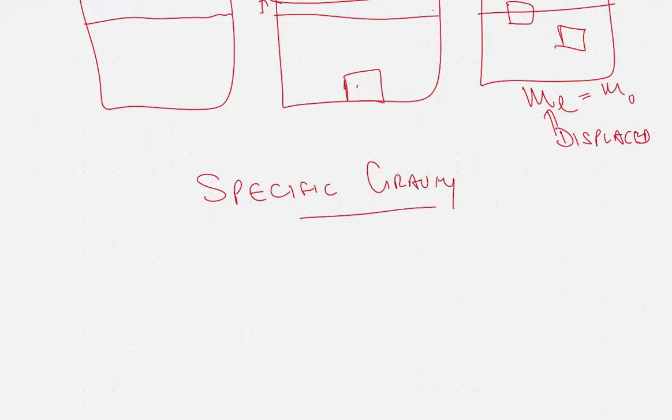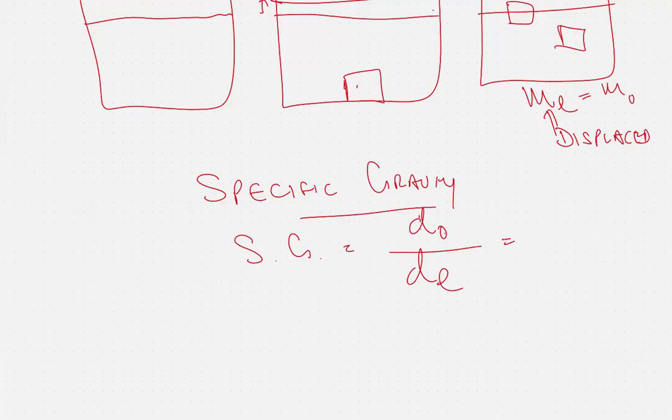Let me draw it here. If I say specific gravity is given by the density of the object over the density of the liquid, say in this case water, I'll just put liquid. It could be d or rho or whatever. So the density of the object divided by the density of the liquid is called specific gravity.